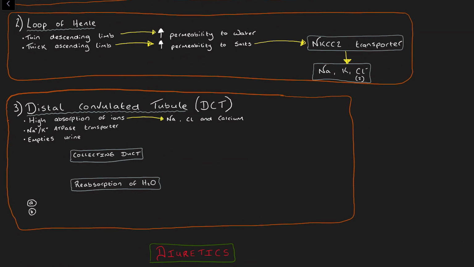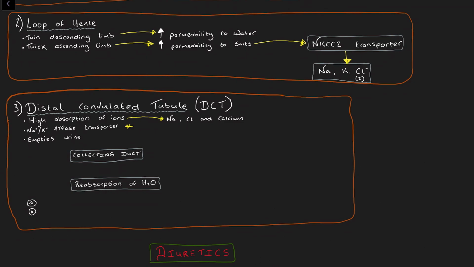Movement of these ions is dependent on the sodium potassium ATPase transporter. The sodium concentration gradient allows sodium to enter the cell from the lumen of the distal convoluted tubule, which occurs through the symporter, which is the sodium chloride cotransporter, alongside chloride ions.